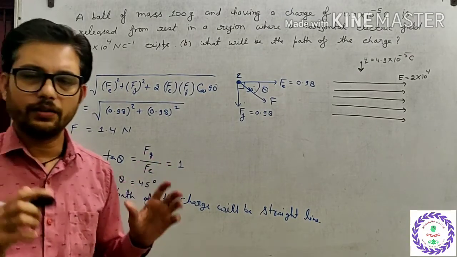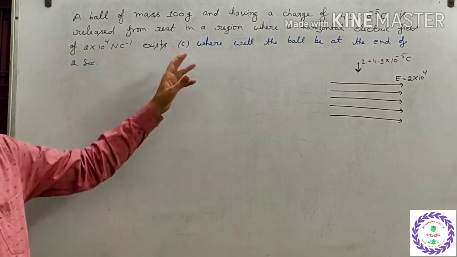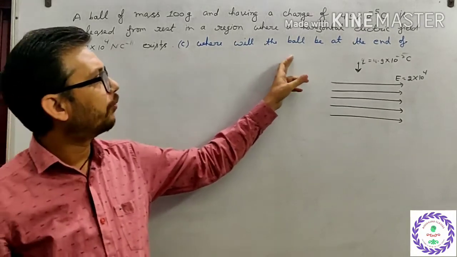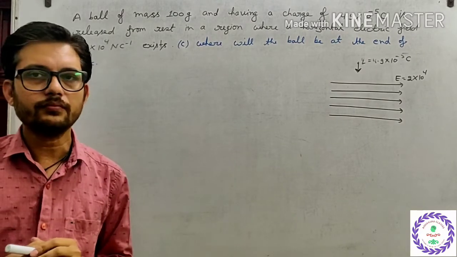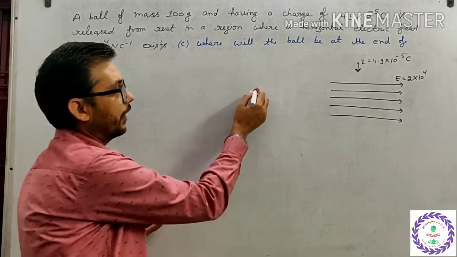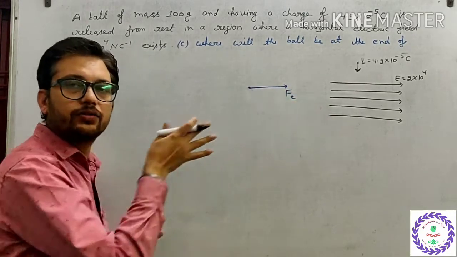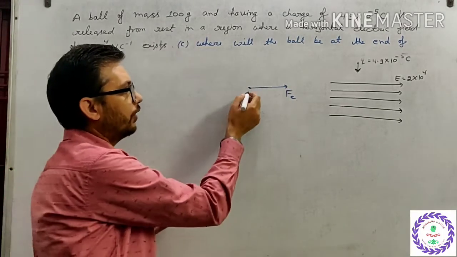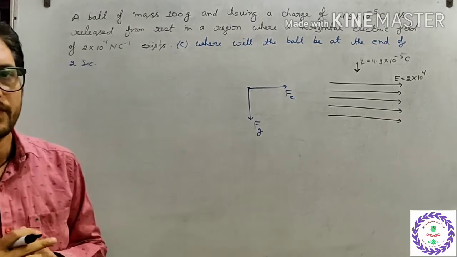I hope it is clear to all of you. This is the third part of this question. We have to find where the ball will be at the end of 2 seconds. We have already seen here that there are two forces. One is along the direction of the electric field and one is downward, that is the force of gravity.